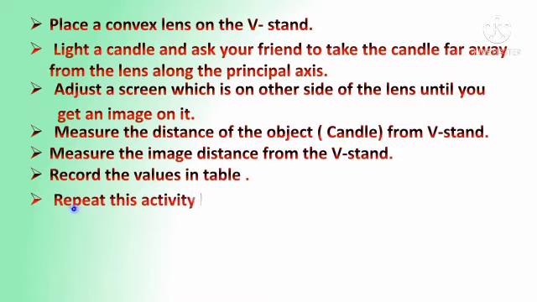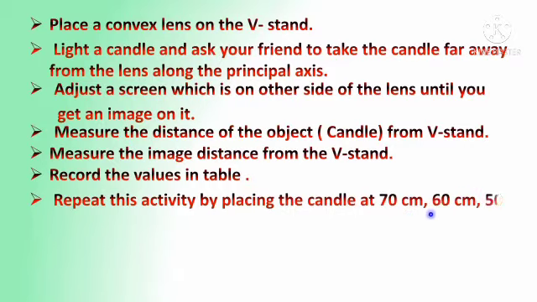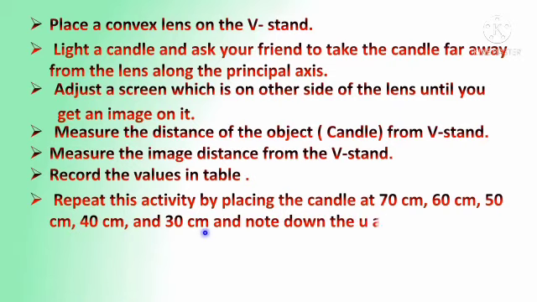Repeat this activity by placing the candle at 70 centimeters, 60 centimeters, 50 centimeters, 40 centimeters, 30 centimeters, and note down U and V values. U means what? Object distance. V means image distance.